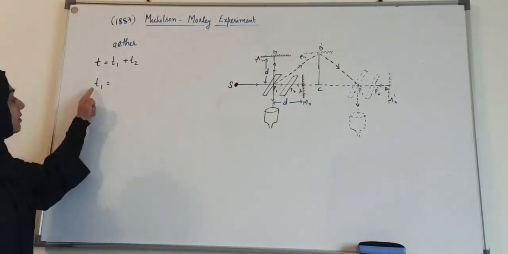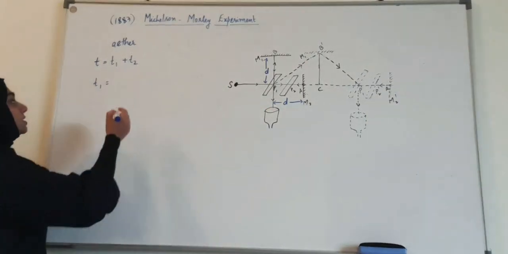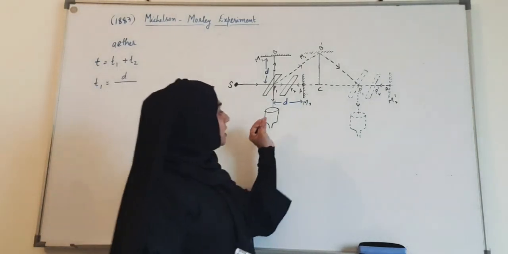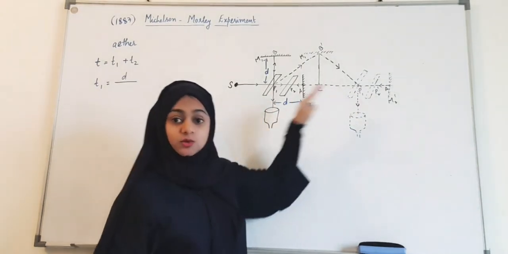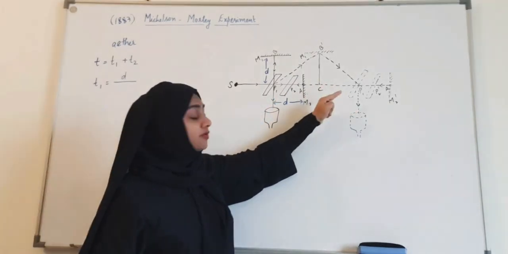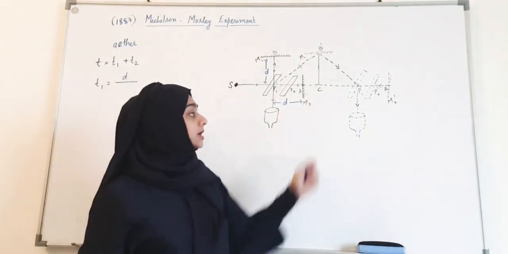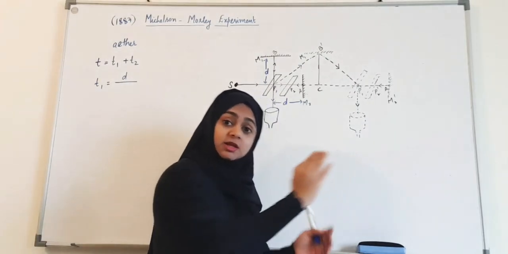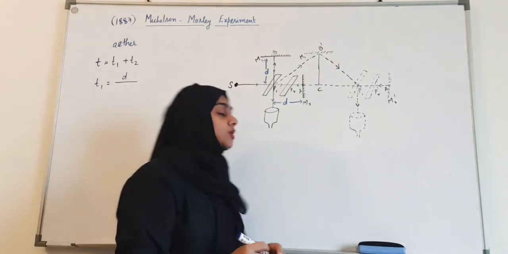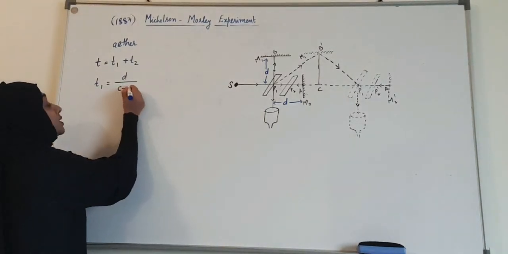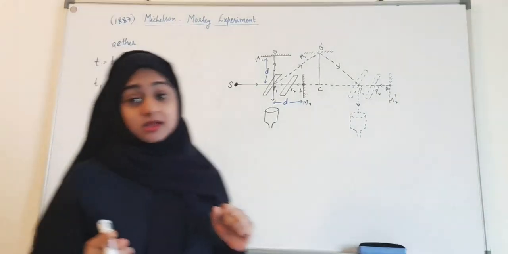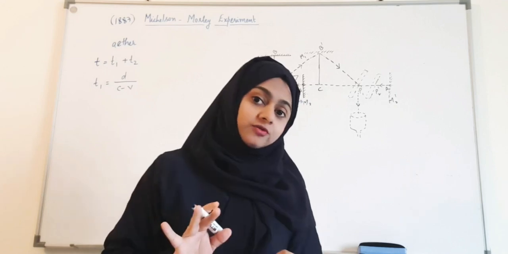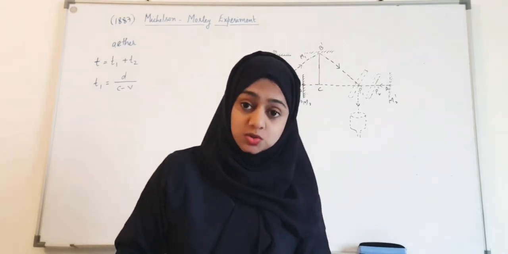So here, when it goes towards mirror M2, the distance travelled is d divided by the relative velocity. If Earth is travelling in this direction with a velocity v relative to ether, then the light travelling in the same direction will have a relative velocity c minus v. Because this is classical physics time, at that time they thought that light also will have relative velocity with respect to the observer.